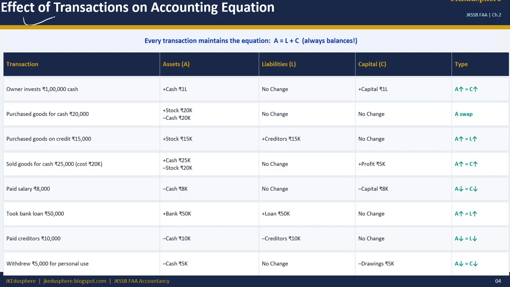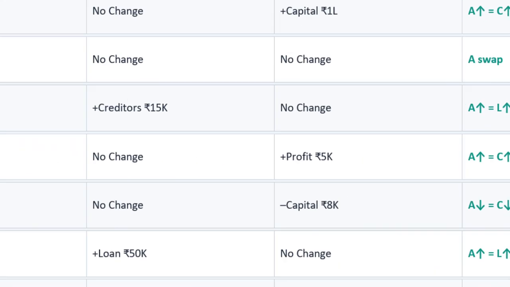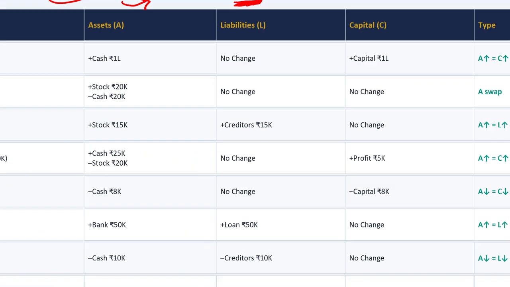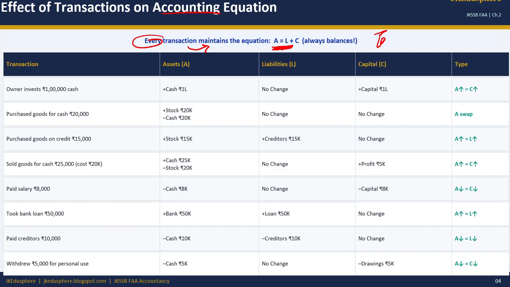Next we're going to see the effect of transactions on accounts. Every transaction maintains the equation: asset equals liabilities plus capital. Whatever transaction is made has to be in accordance with this equation. First, let's see the first step.